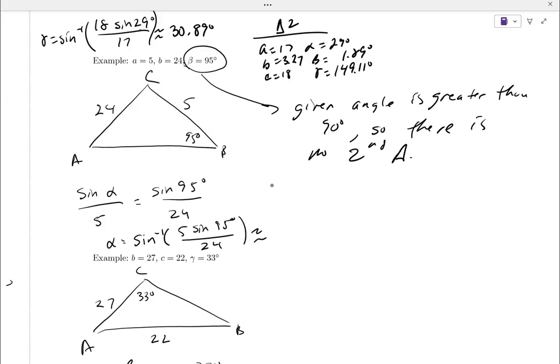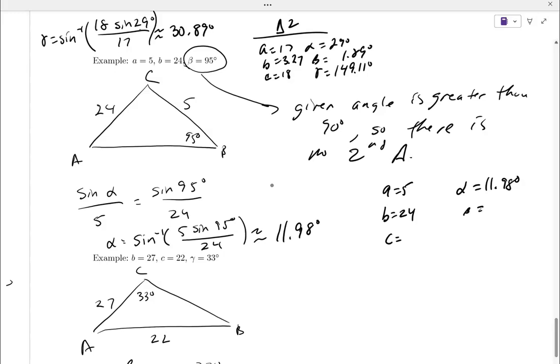All right. What did you get for the alpha in this case? Yep. So you've got your A is 5, your B is 24. Still need to find C. Your alpha was 11.98.